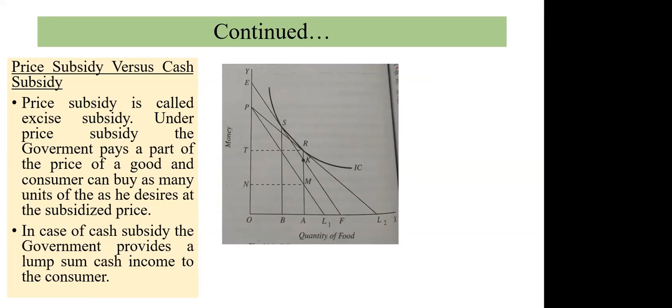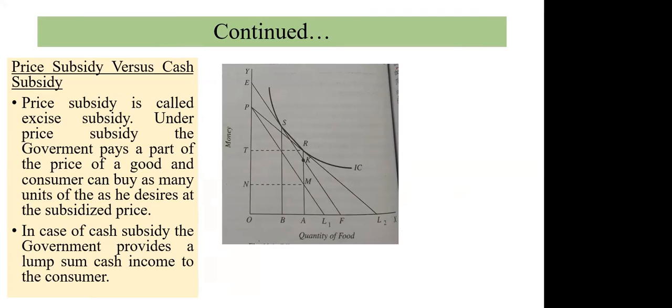Now, at this PL2, I am at the equilibrium point R on the indifference curve IC, where I am purchasing OA amount of food.